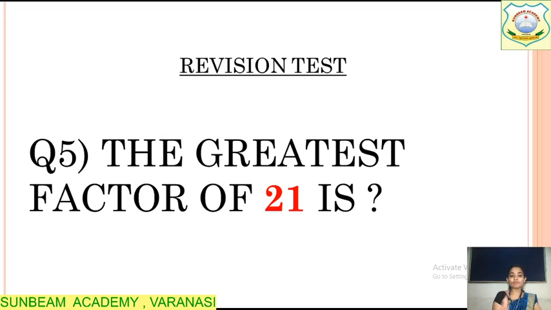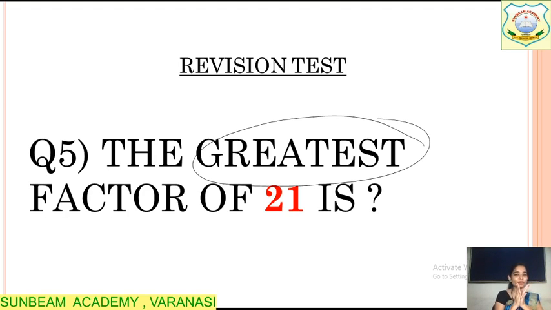The greatest factor of 21 is. What is the greatest factor? We are asking the greatest factor. Okay? Not multiple, not smallest, only greatest. Fast. Alright, written in the copy. Done? Okay, no cheating students.